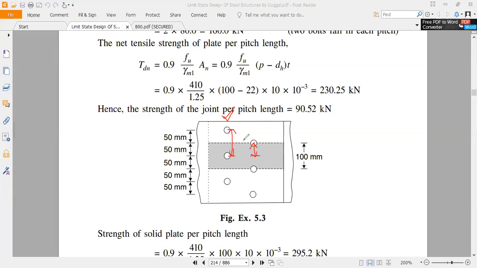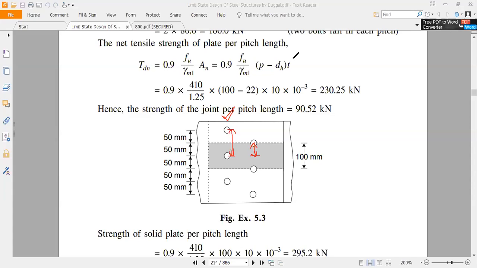Now what is the efficiency? Efficiency is strength of the joint per pitch length by strength of the gross section per pitch length, into 100. Just now you have seen the formula, na?